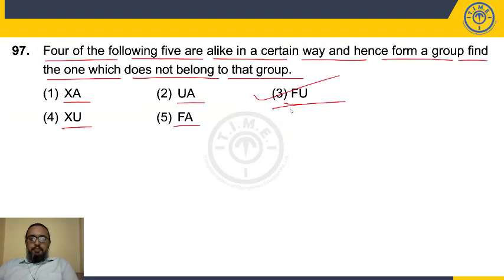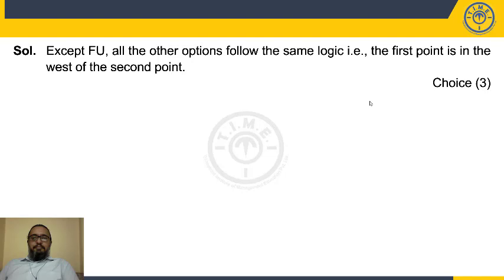Third option. Understood the point here? So the first point is to the west of the second point. That is the common feature. Third option will not follow that common feature. Choice 3. So these are the 2 questions you have in this set. Okay. Next.